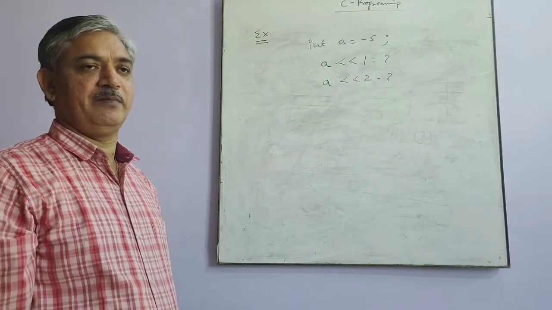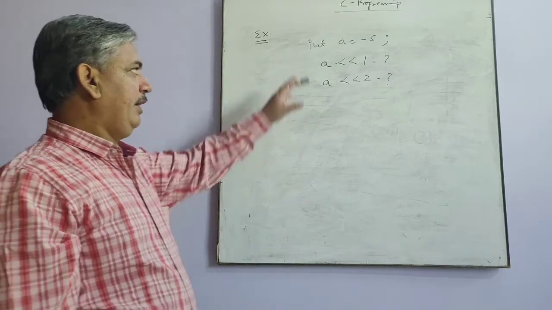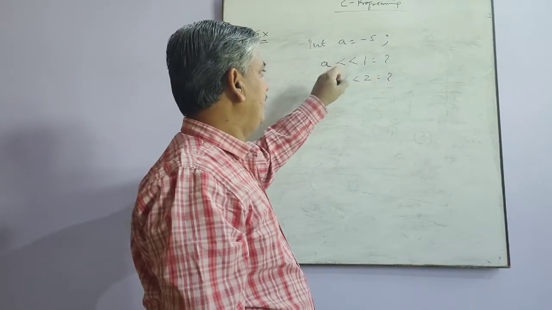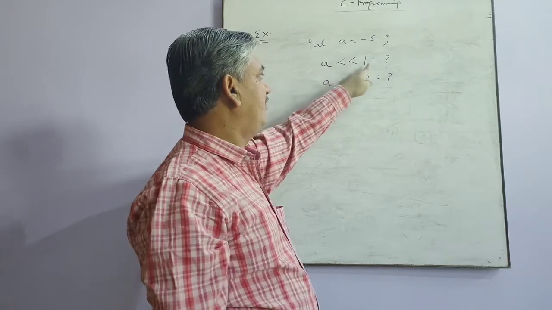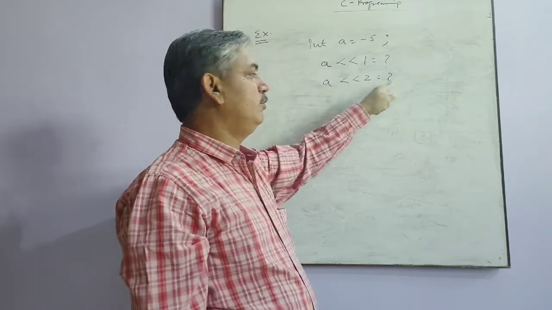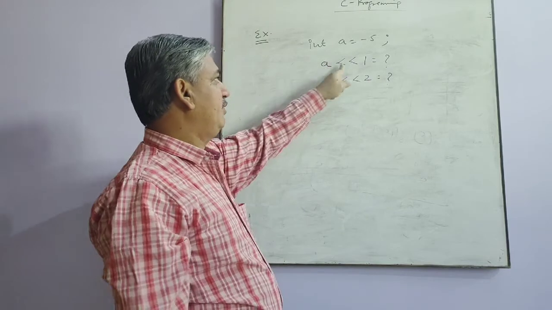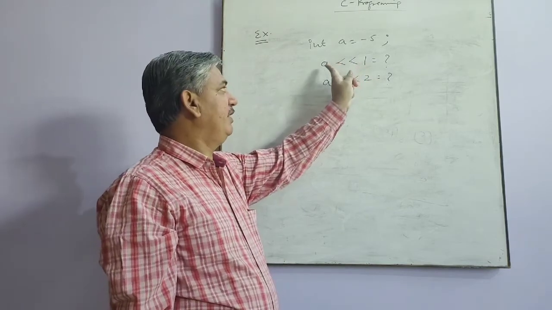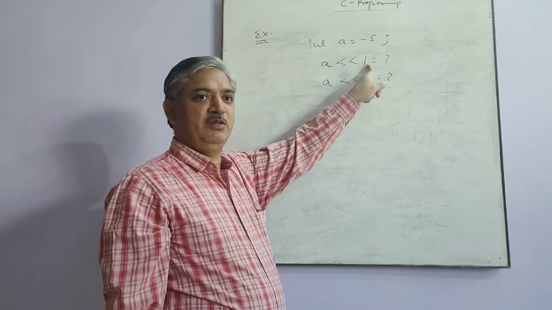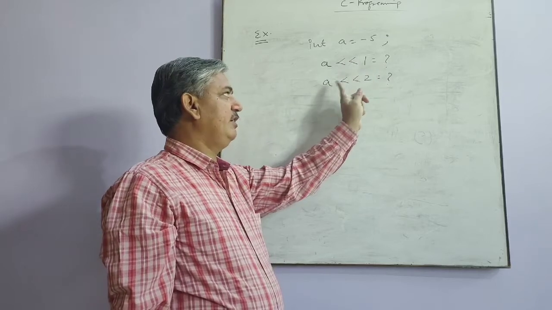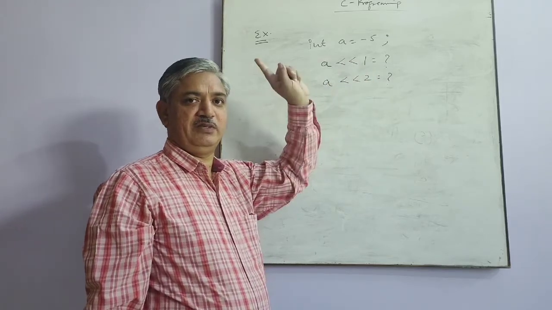Clear? A is -5. We want to compute A left shift 1, A left shift 2. A left shift 1 means shifting by one position towards the left, and shift 2 means shifting two positions towards the left. Clear?